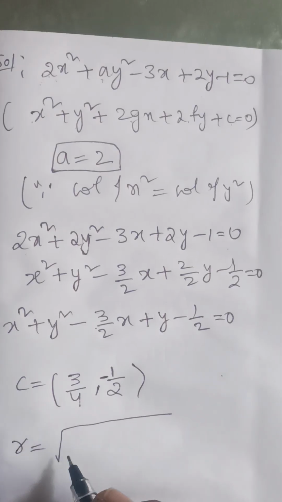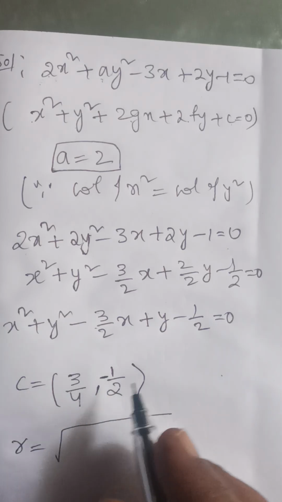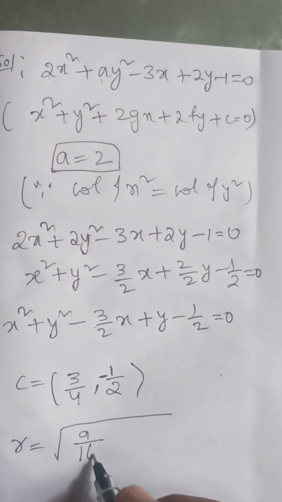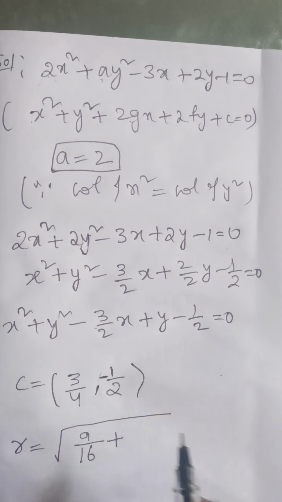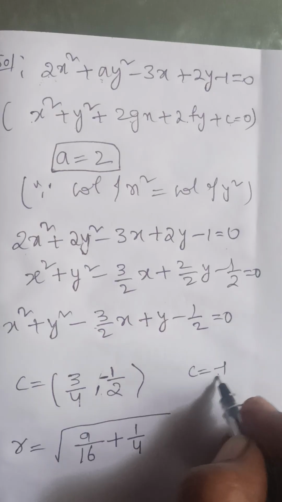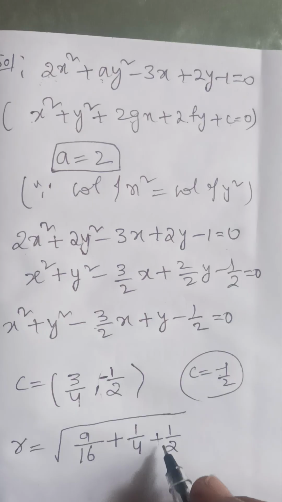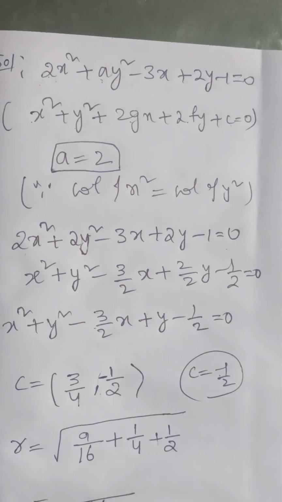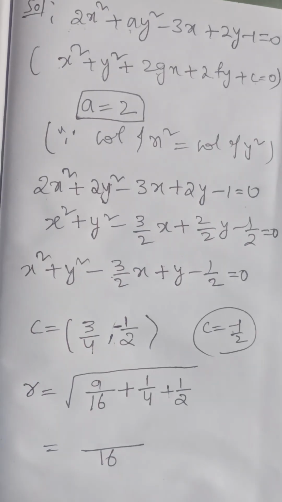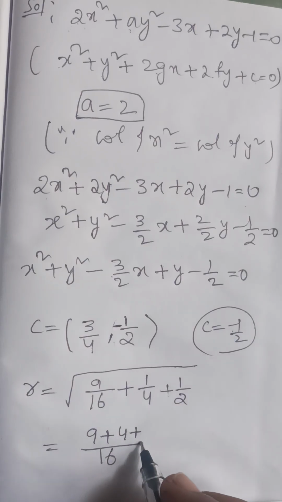So the radius is the square root of 3 by 4 whole square. In a whole square it will always be positive. That is why I am directly writing 9 by 16, plus 1 by 2 whole square is 1 by 4, and c is minus 1 by 2, so take the opposite, because it is g square plus f square minus c. 16 is the LCM, so 9 plus 4 plus 8.